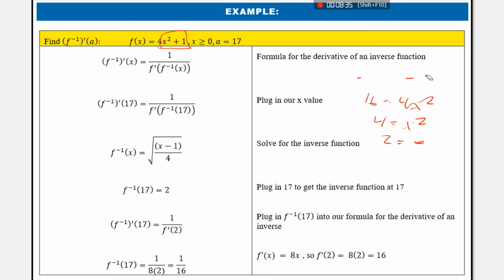Okay, here it is again from step 2 to 3. What this step is doing is it's actually solving for the inverse from here.